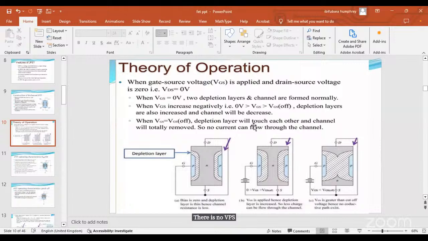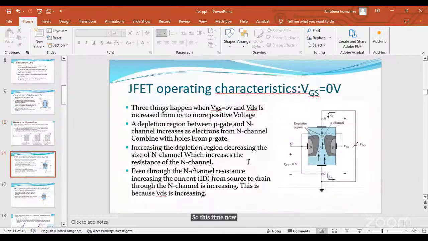There is no voltage across the source and the drain. It is only voltage across the gate and the source. So this time now, we are looking at when there is no voltage across the source and the gate, but across the source and the drain.